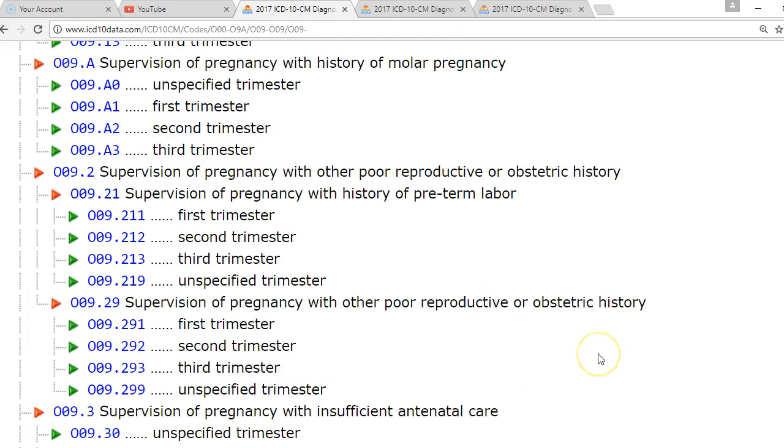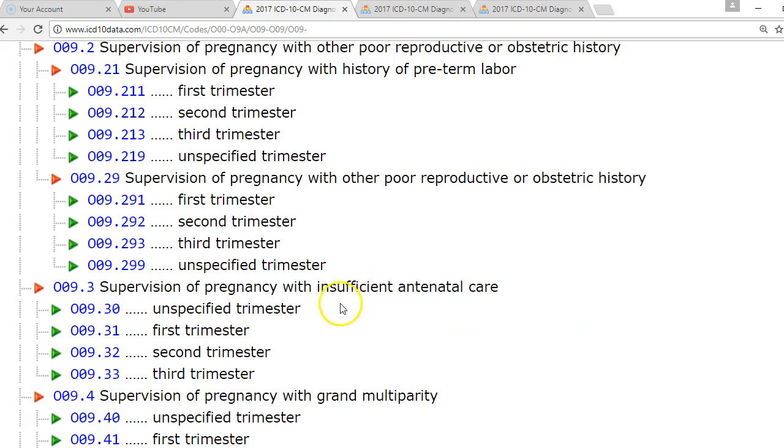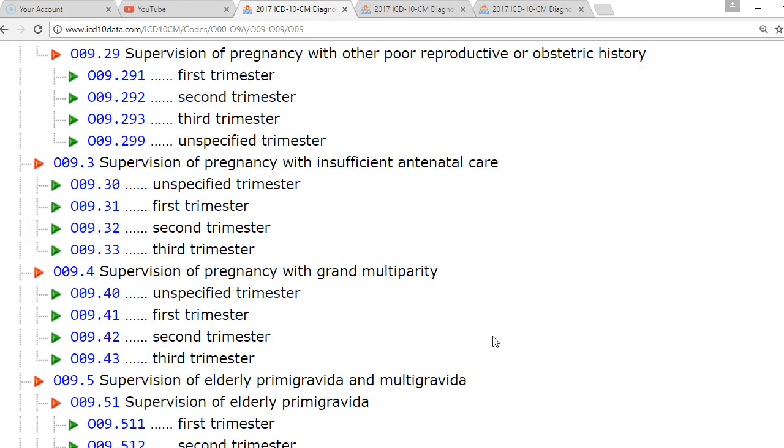So again, maybe they didn't see the doctor previously for a previous pregnancy. Supervision with insufficient antenatal care. So again, maybe this is somebody who really doesn't know what's going on and hasn't seen a doctor about possibly being pregnant. Supervision of pregnancy with grand multiparity. Okay, grand multiparity, this is multiple babies. Two or more babies is considered grand multiparity, okay, because most people just have one baby at a time.